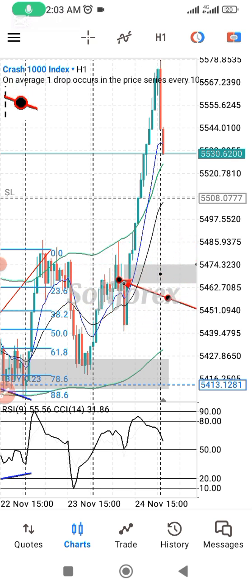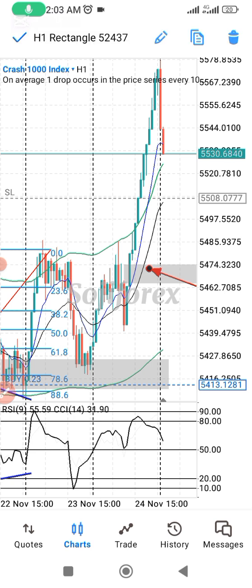So probably price will retrace into this imbalance and then push to the upside. So you mark out your points of interest. It can be an imbalance. You wait for price to return into it, and then you make your trading decision of either to buy or to sell, combining your commodity channel index and your price action.